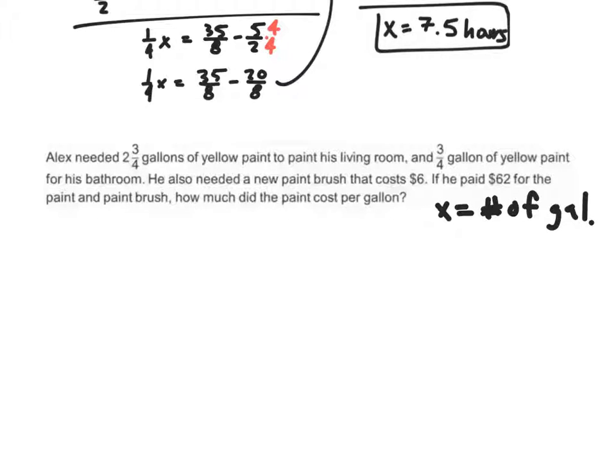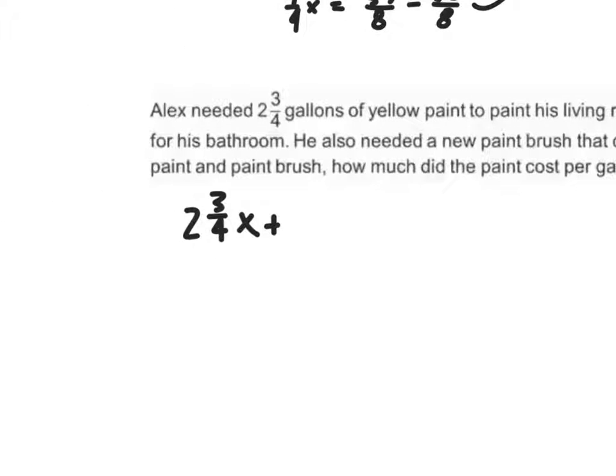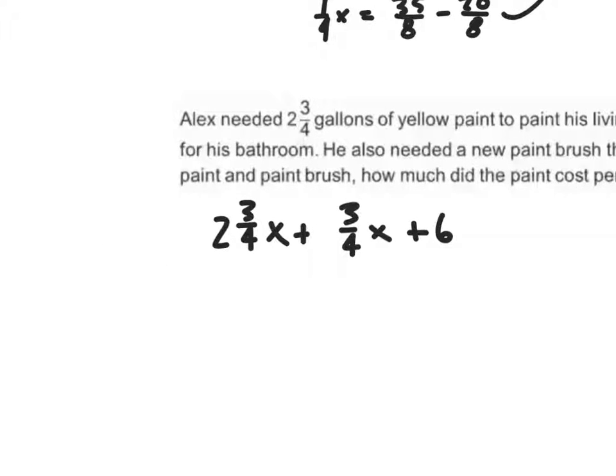Okay, now here's what we got. All right, we have 2 3/4 gallons times x, plus 3/4 gallons, so 3/4 x, plus $6 is going to give us a total of 62. Okay, so 2 3/4, I'm going to do 4 times 2, which is 8, plus 3, which is 11.